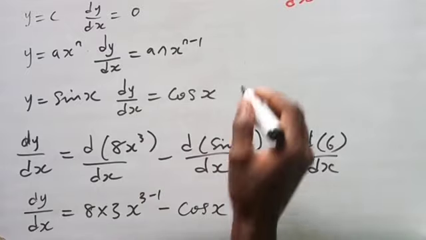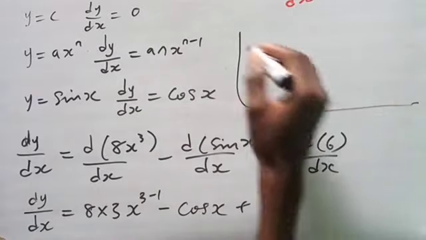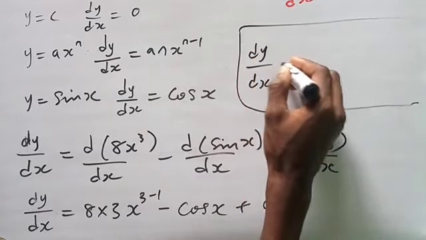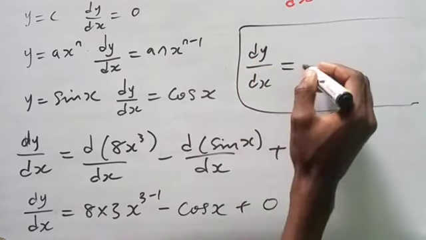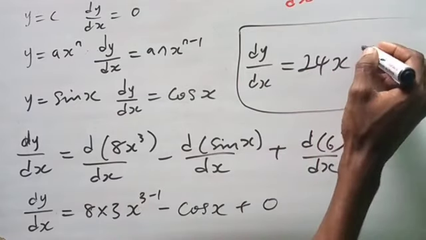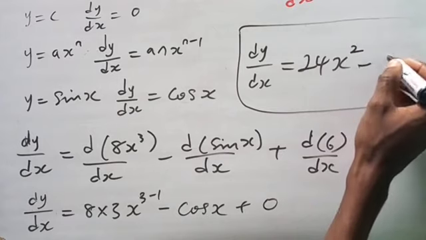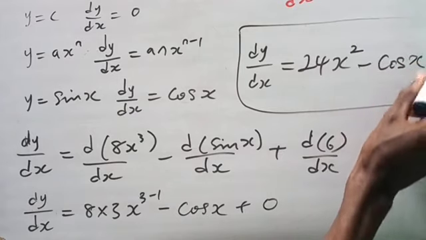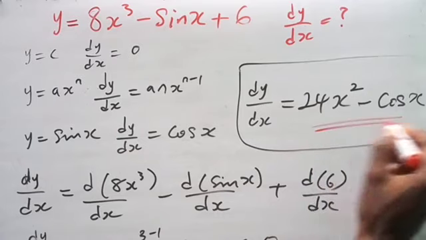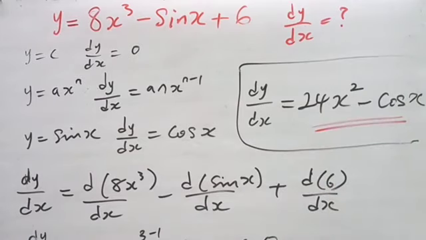So this now becomes dy/dx equals 8 times 3, that is 24, x raised to power 3 minus 1, that is 2, minus cos x. So this is our solution to the derivative of this function.